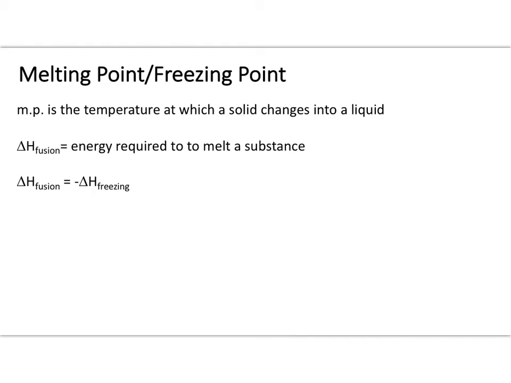And of course, the energy being lost during that process is going to be known as enthalpy of freezing. Because these processes are directly connected to each other, they're just the reverse of one another, they're going to be equal in magnitude with respect to their enthalpies, but opposite in sign. Obviously the system during the freezing process is going to be releasing that heat energy, so we have a negative sign here on our enthalpy of freezing to show its relationship to enthalpy of fusion.